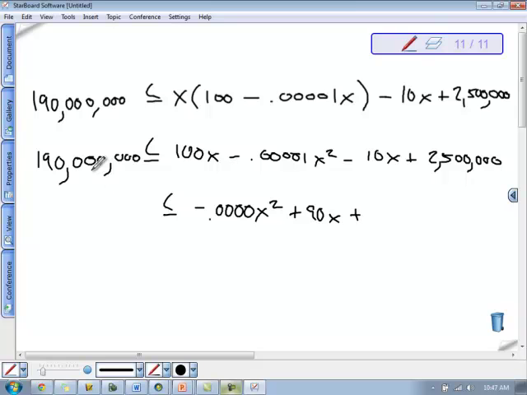Plus, and I'm going to subtract the 190 million from each side. So this is going to give us a negative $187,500,000.